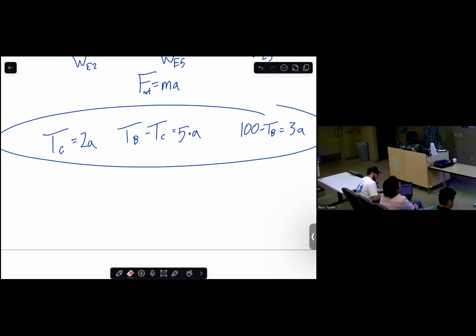Find the acceleration in box L. See who's able to algebra. Again, the hint is get rid of this tension here by substitution.